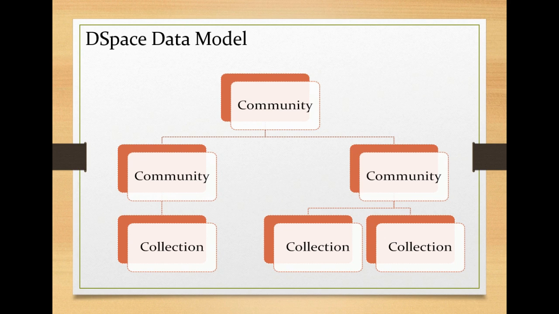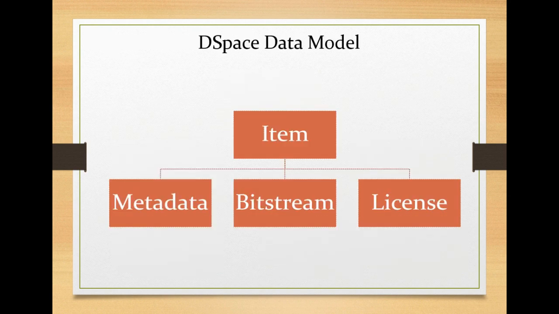But remember, a collection cannot have a sub collection. In every community or sub community we add collections, but in a collection we cannot add a sub collection. So this is very important, and this is the item: metadata, bitstream, and license.